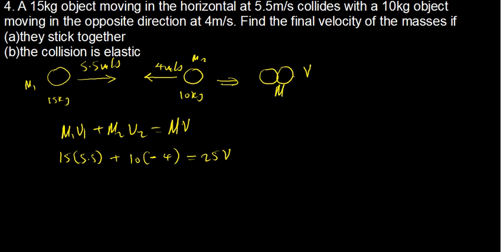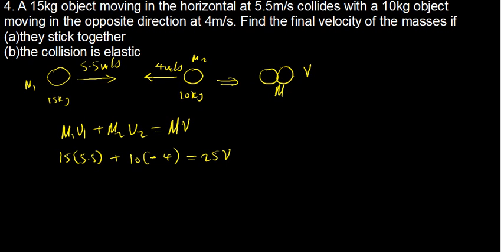So 15 by 5.5, and then subtract, or we add 10 times negative 4, which is the same as subtracting 10 times positive 4. Okay, so that is subtracting 40, because 10 times negative 4 will give us negative 40.